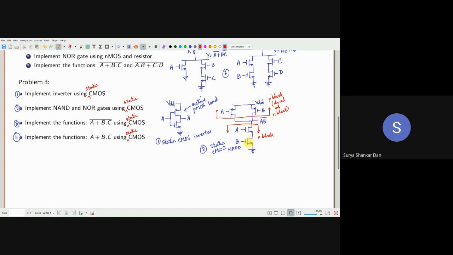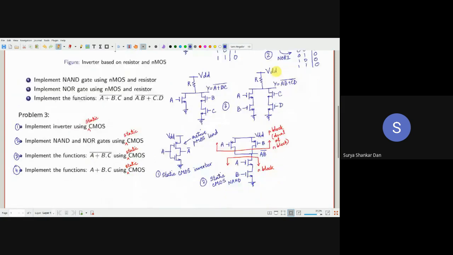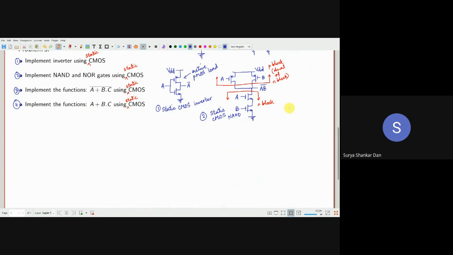Now we shall draw the same thing for the NOR gate. Okay, so for the NOR, as we have seen previously in the previous problem, we have to make them in shunt, right? Make them means make the N block in shunt. So similarly, this is your A, this is your B. And the dual of the shunt is a series. So you will connect that in series.